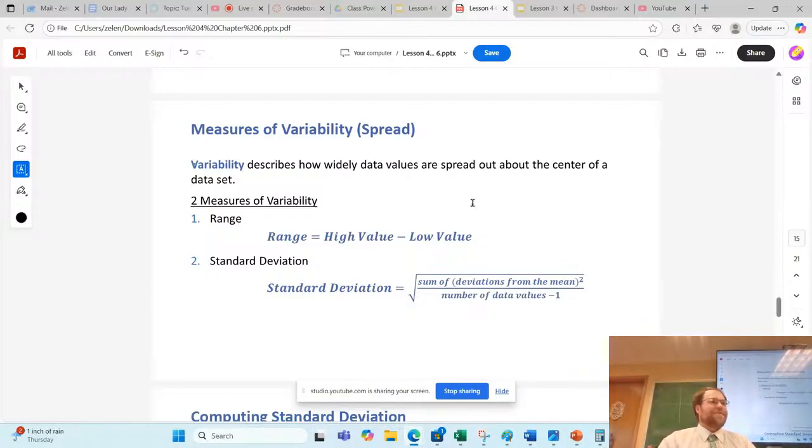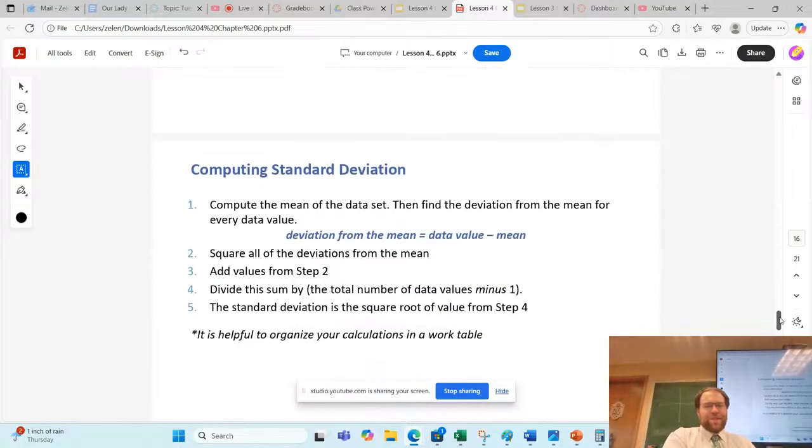I was going to say square it again, but I knew I was wrong. That's essentially the process for calculating standard deviation.